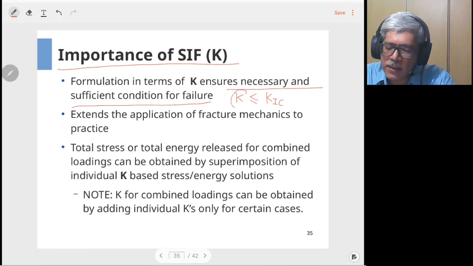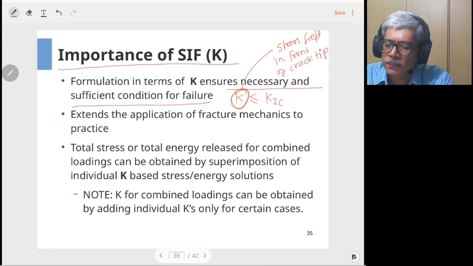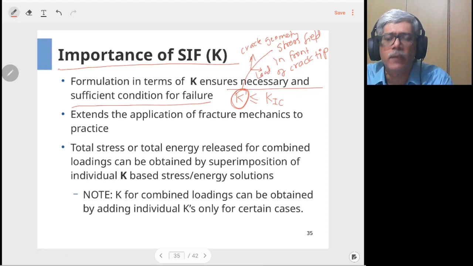This K factor tells us about the stress field in front of the crack tip, and it covers the crack geometry, that is, the size of the crack and the orientation of the crack, and it also covers the load or the stress field around that particular crack.